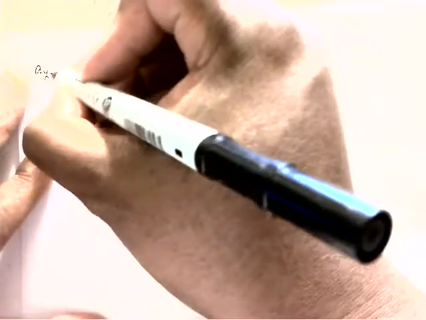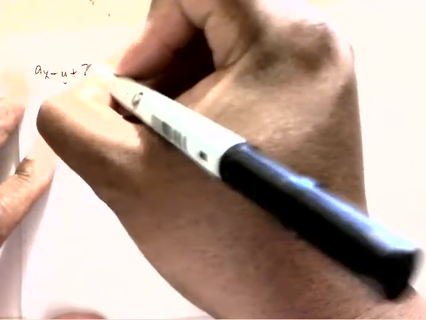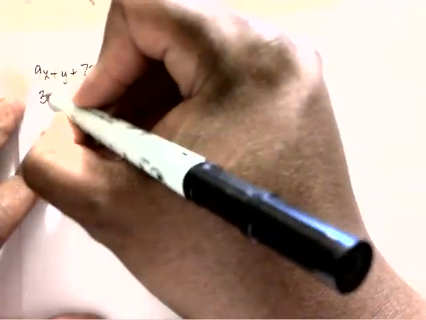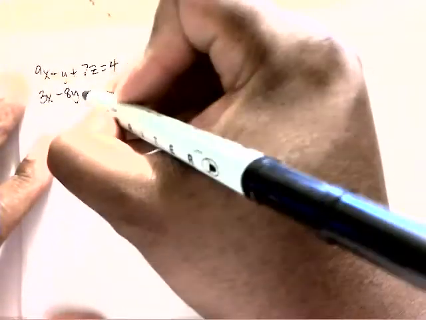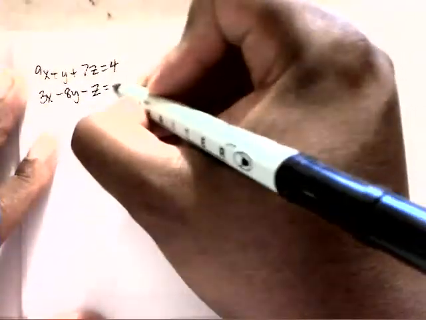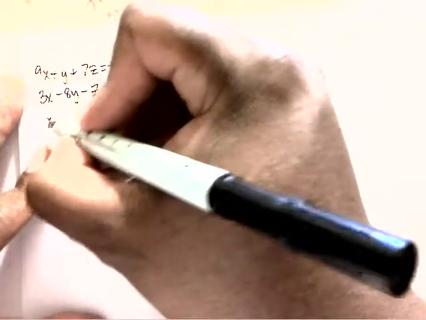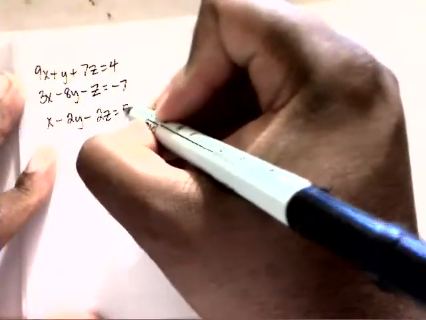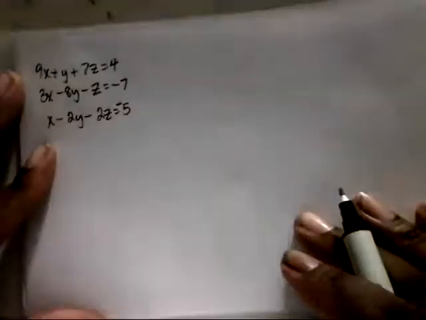So in this case, I'll rewrite the system of linear equations here. 9x plus y plus 7z is equal to 4. Then 3x minus 8y minus z is equal to negative 7. x minus 2y minus 2z is equal to negative 5.